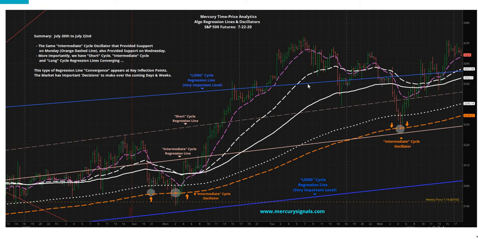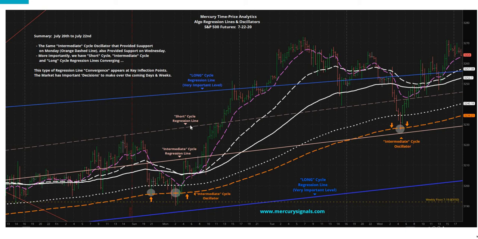The other reason I wanted to show you this chart is when the market gets to really important inflection points, you'll start seeing different time cycle regression lines start to converge. If we were looking at this chart a month, 2 months ago, 3 months ago, you wouldn't see the blue long cycle regression lines and the tan ones.